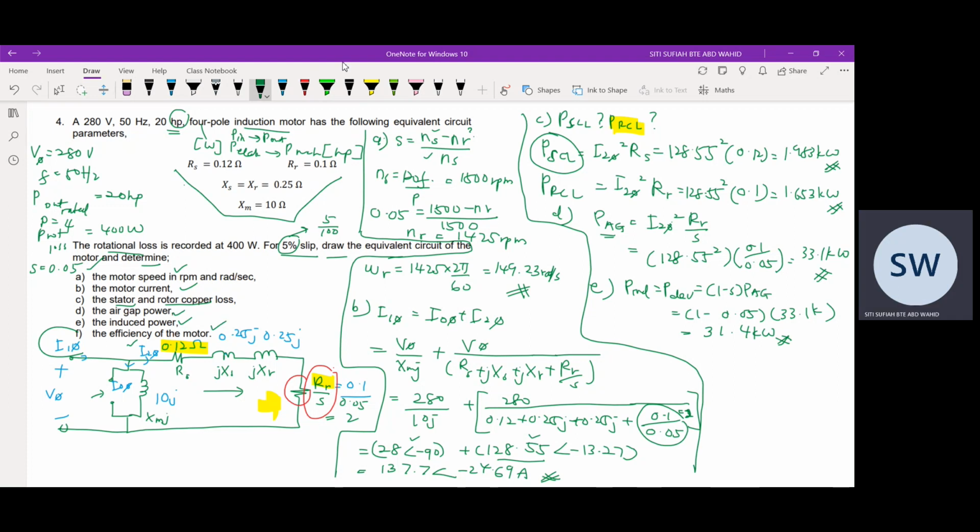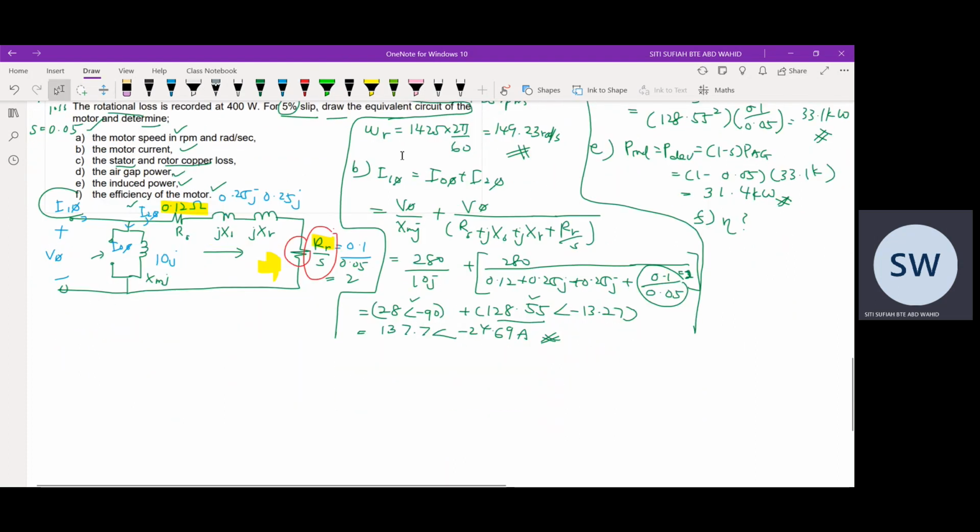Okay, F is the efficiency. For the efficiency, as for now, we don't have both values P out and P in, right? So we need to calculate.